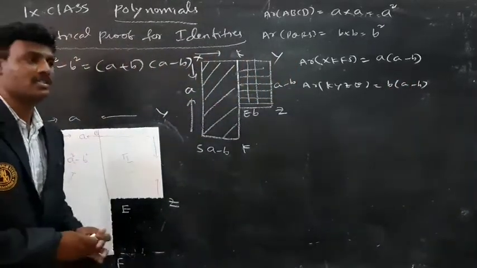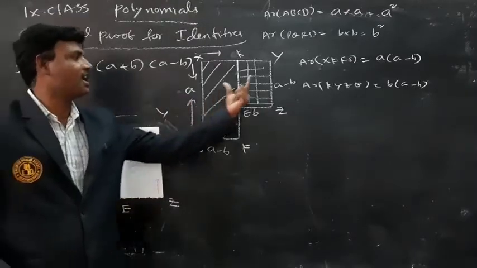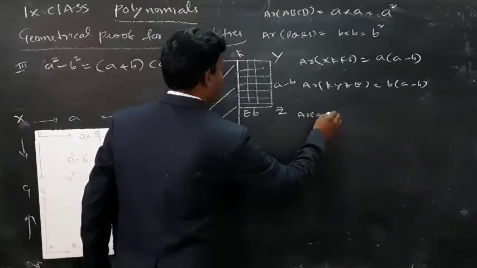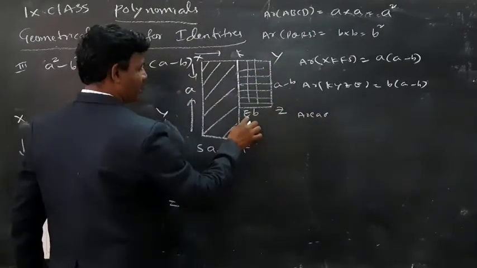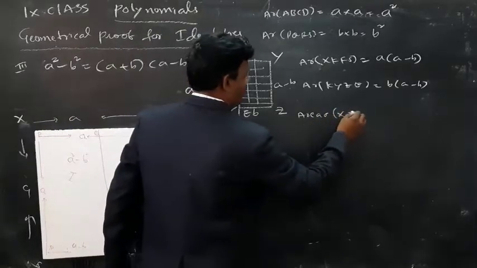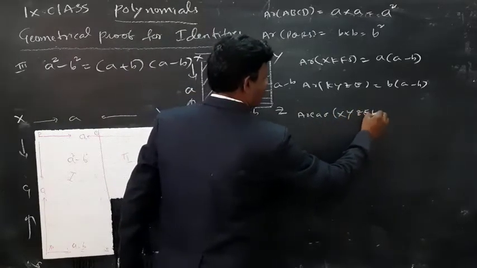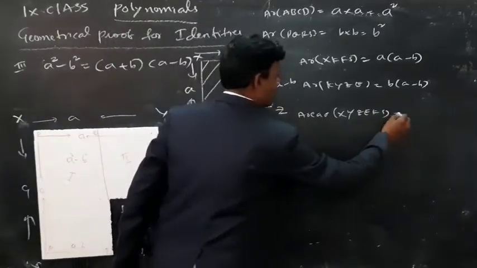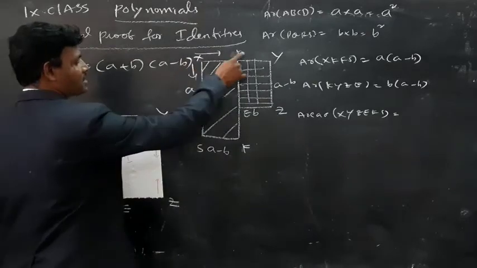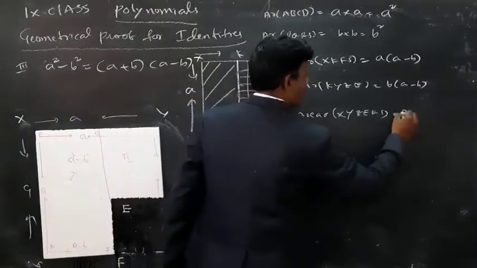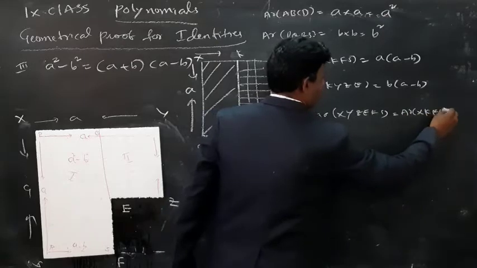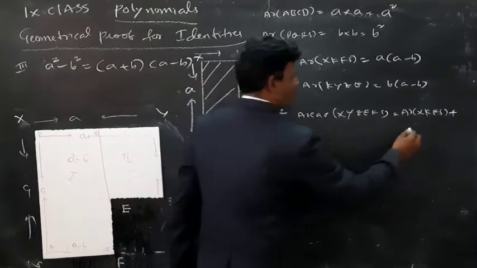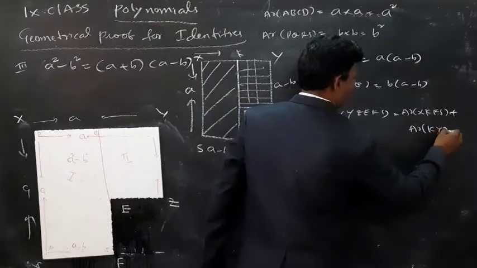The area of the total part is the area of this part plus the area of this part. So the area of XYZEFS is the area of XKFS plus the area of KYZE.